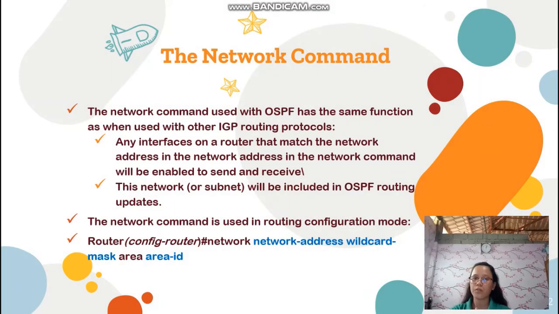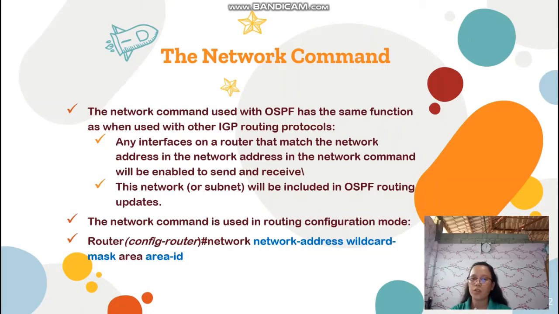The network command. The network command used with OSPF has the same function as when used with other IGP routing protocols. Any interface on a router that matches the network address in the network command will be enabled to send and receive OSPF packets.